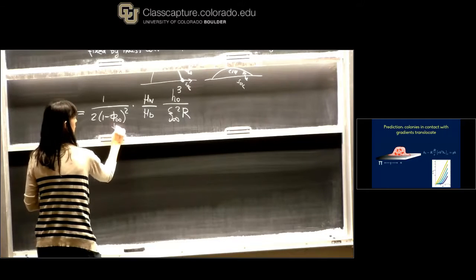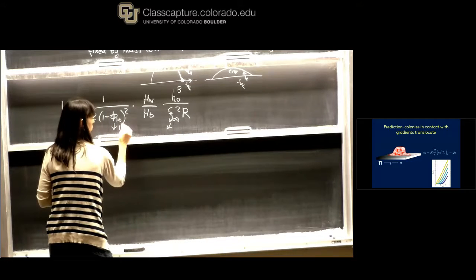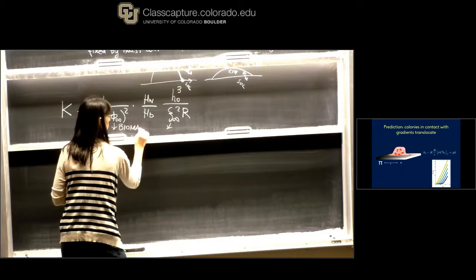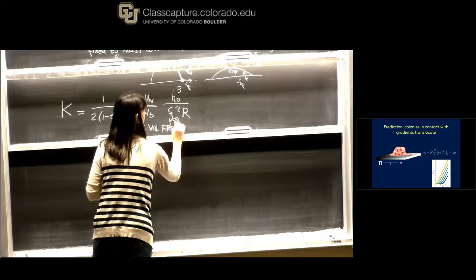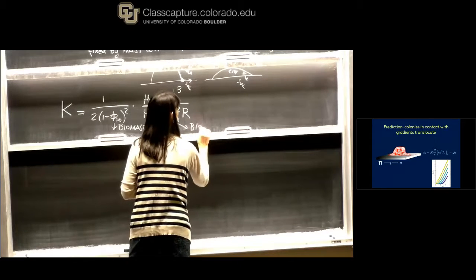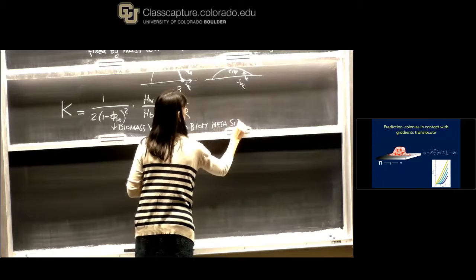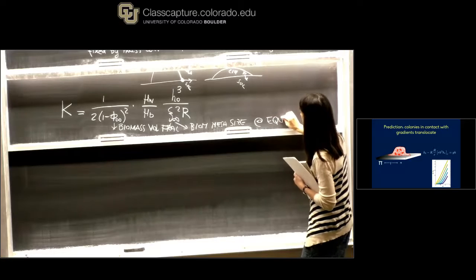Phi infinity and C infinity are biomass concentration, biomass volume fraction, and biomass mesh size. I'll tell you in a second what it is. At equilibrium. That's why they get the infinity.